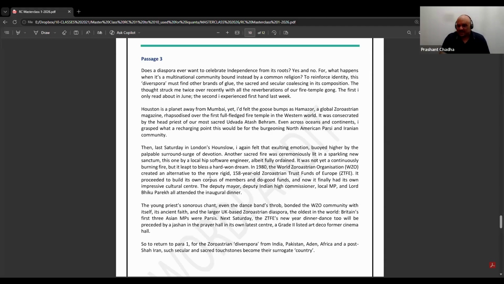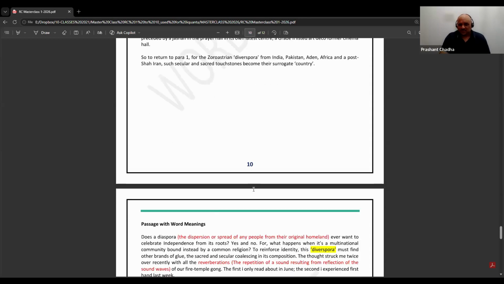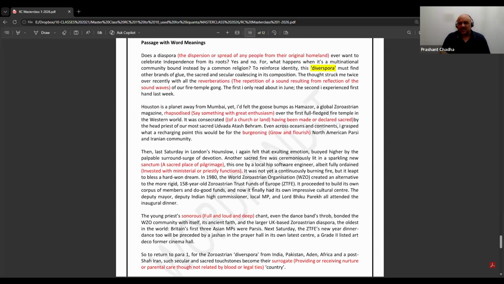So for you guys, I've done one thing. I have put in the meanings of these words in brackets, right? So you read this, but you read this with meanings. This will make it easier for you to understand. This also showcases the importance of having good vocabulary.